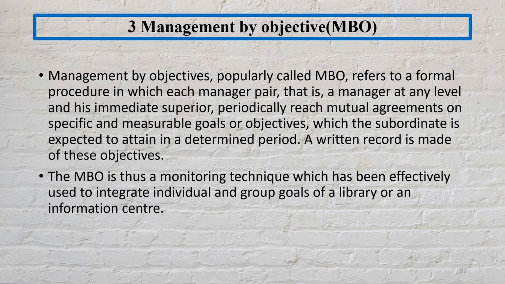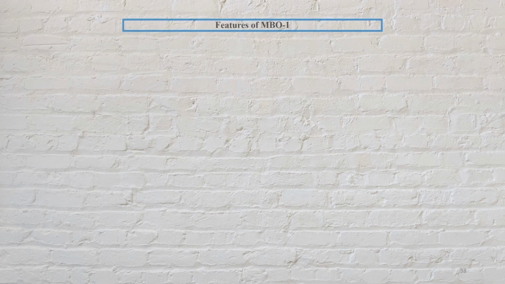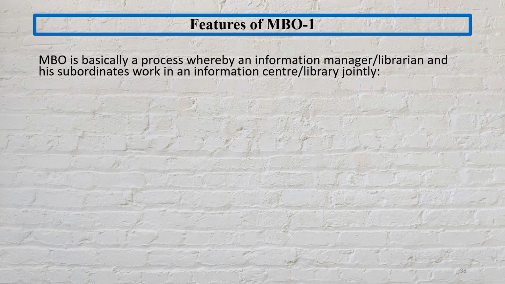The MBO is thus a monitoring technique which is effectively used to integrate individual and group goals of a library or an information center. So, what are the features of MBO? MBO is basically a process whereby an information manager, here the librarian, and his subordinates working in an information center or library jointly identify its common goals.